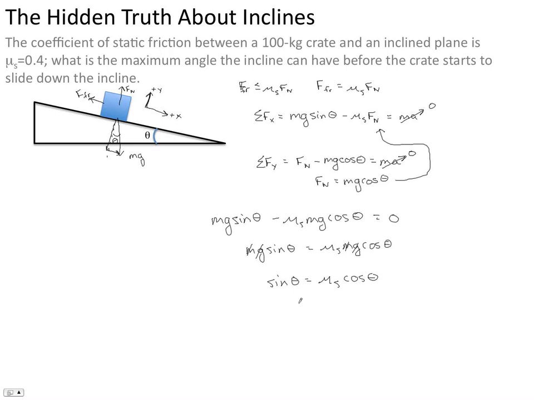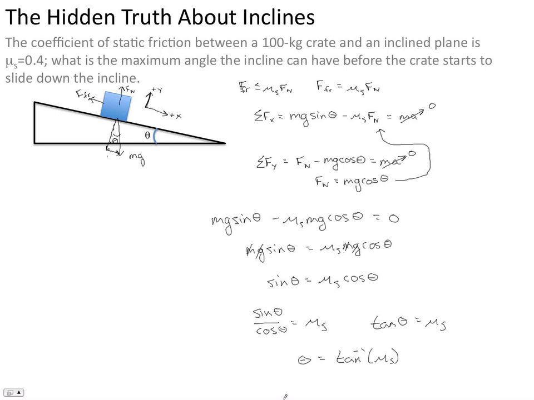Remember, we're after theta here, so let's divide both sides by cosine. We get sine theta divided by cosine theta equals mu s. And what's sine over cosine? Tangent. So tangent theta equals mu s, which means theta equals the inverse tan of mu s.